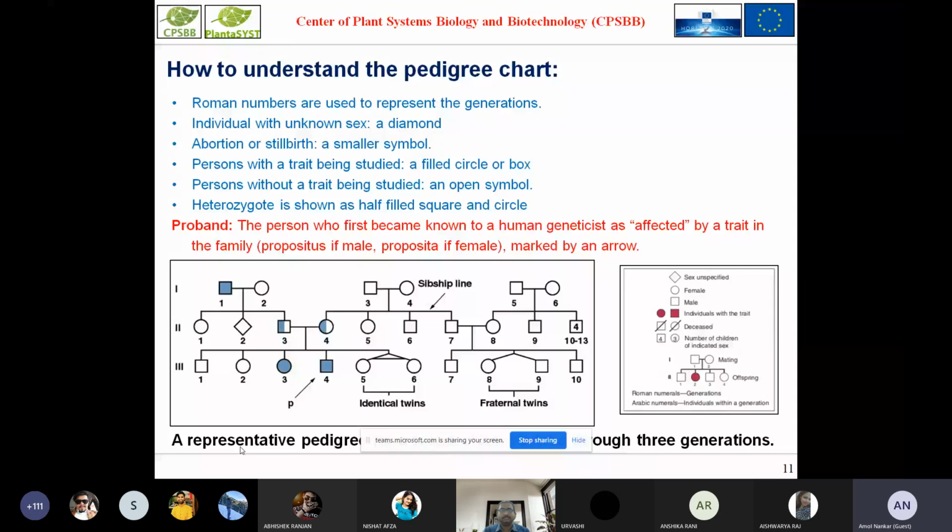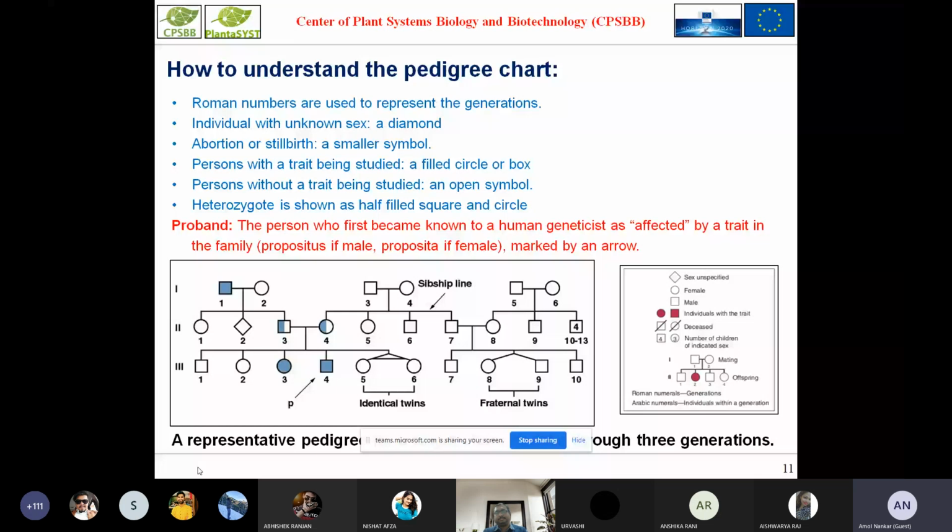Basically, the Roman numerals show the generations, which we can see on the left side of the figure as 1, 2, and 3. The Arabic numerals show the individuals within a generation.